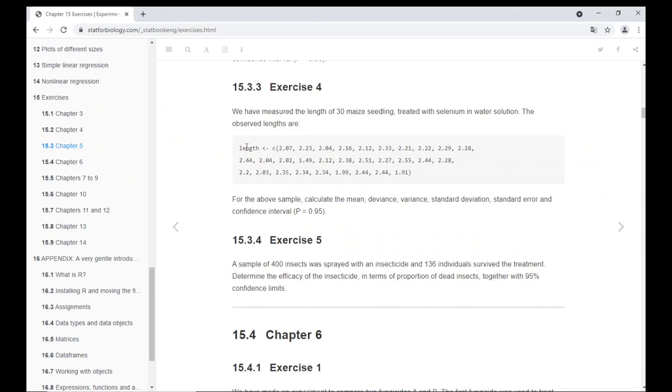We have measured the length of 30 maize seedlings. Again, missing the plural. I have not done a good job yesterday. I corrected today. Treated with selenium in water solution. So I took these seedlings and treated them with a water solution containing selenium.